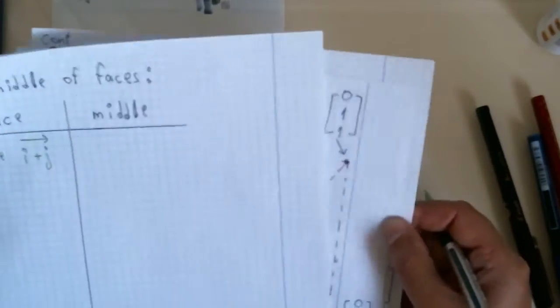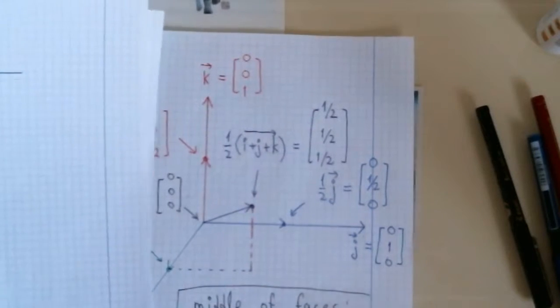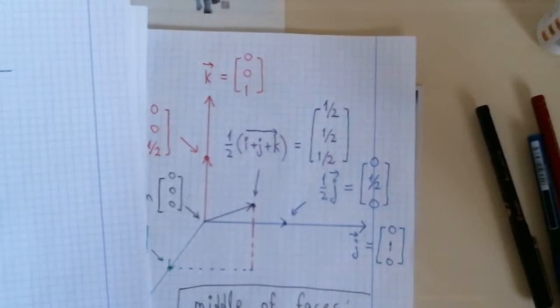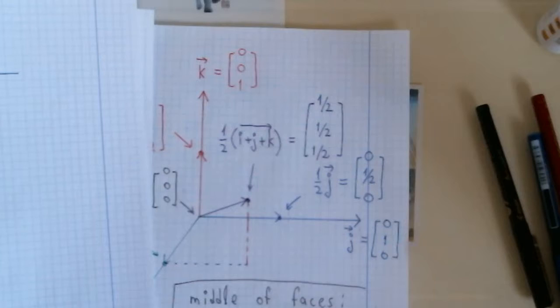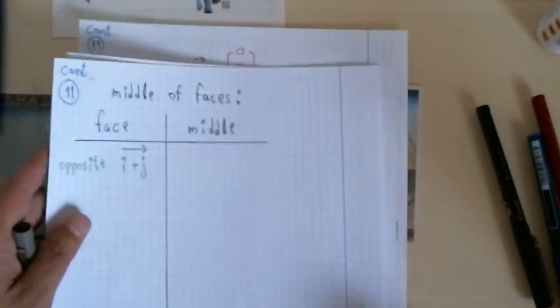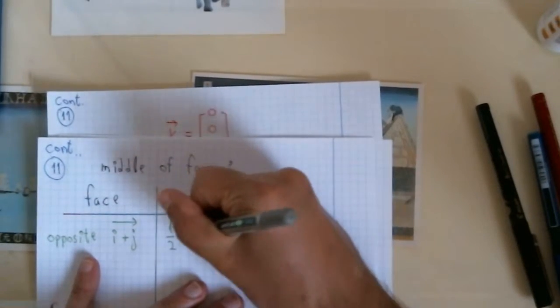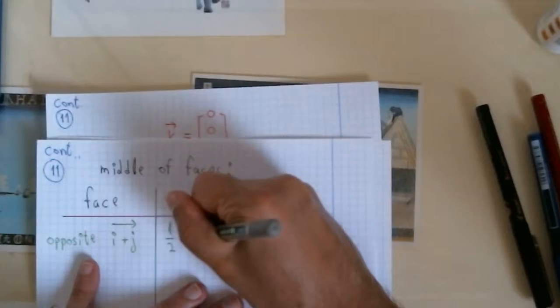The middle of this face would be half of i plus j, plus k.